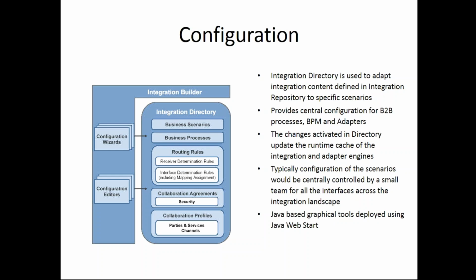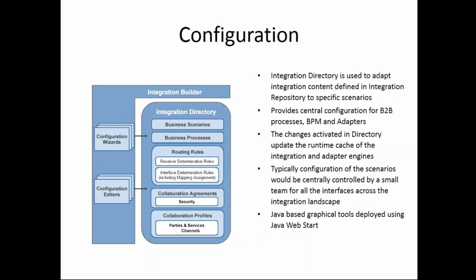Okay. The next thing that comes is your routing. So which system should this message be routed to? Should it be routed to A system, B system, or C system? That routing is done in the condition routing rules, or receiver determination.